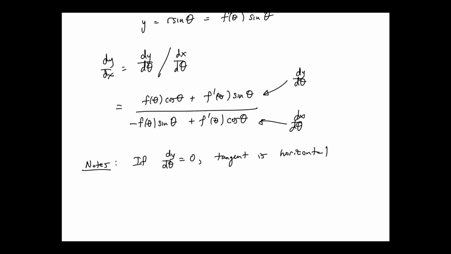Which means that the tangent line would be horizontal, slope would be 0. Okay, what about if dx/d theta is 0? Yeah, it's vertical because the slope is undefined.